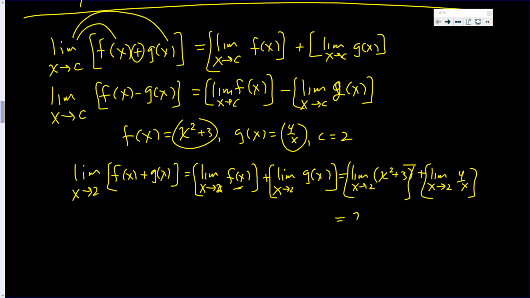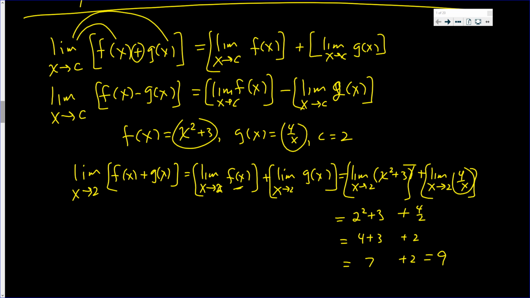So we'll get 2 squared plus 3, which is 4 plus 3 for the first limit, which is 7, plus, plug in 2 for x, you get 4 over 2, which is 2. 7 plus 2 is 9.